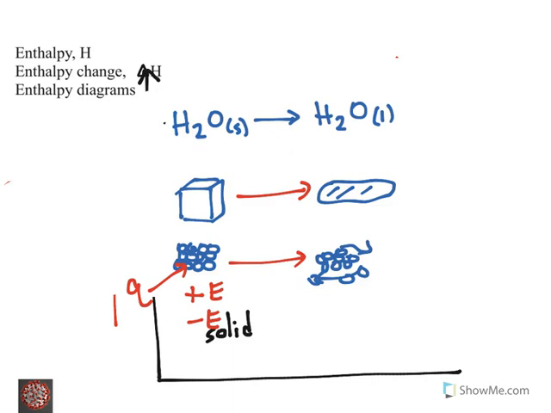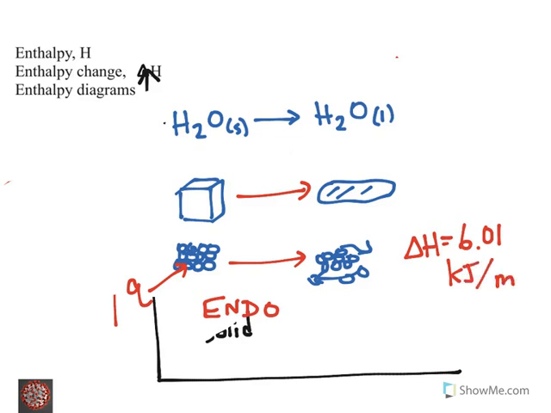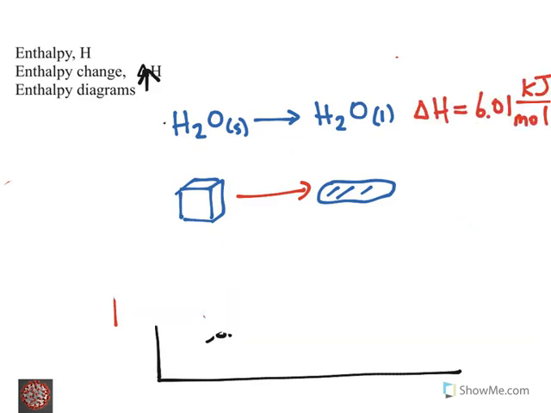So this is going to be an example of an endothermic process because they are absorbing energy so that they can move faster, which means that this is going to absorb a certain amount of energy. So that means that our delta H for this scenario is going to be positive, and more specifically it's going to be 6.01 kilojoules for every 1 mole.